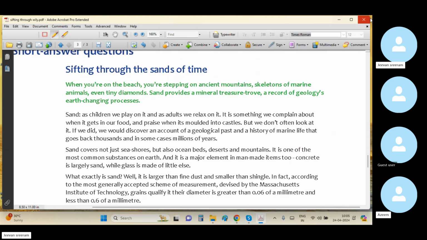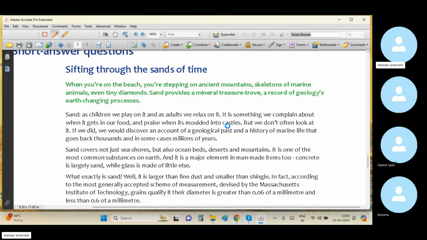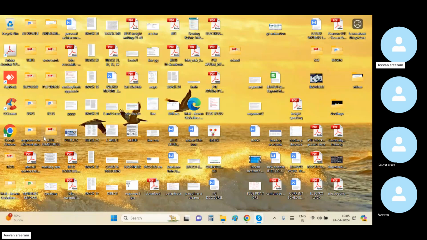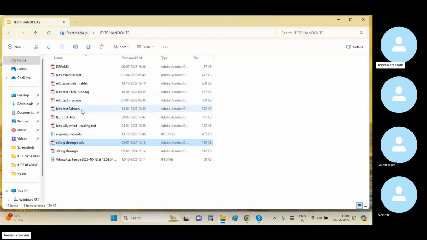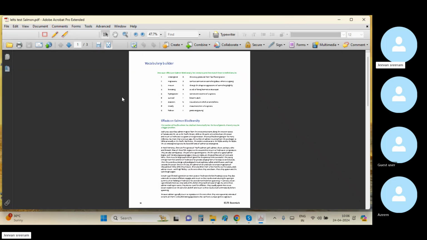Right? And there will be another handout that you have to do. I have even shared salmon. It can also be done so easily with the same method.